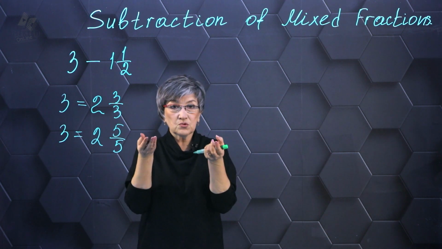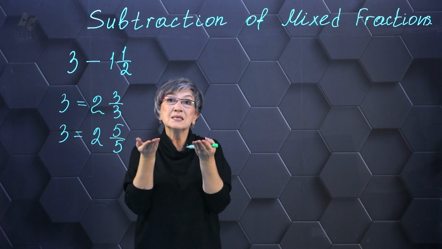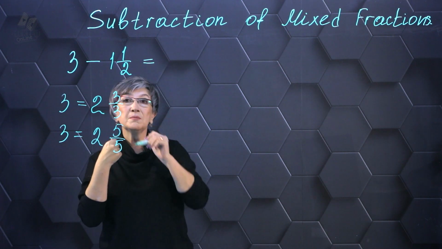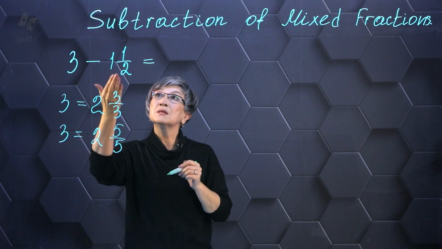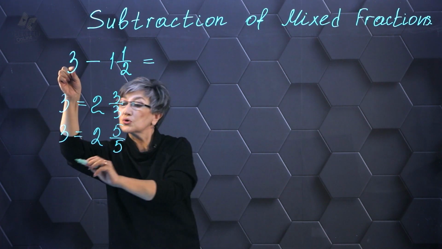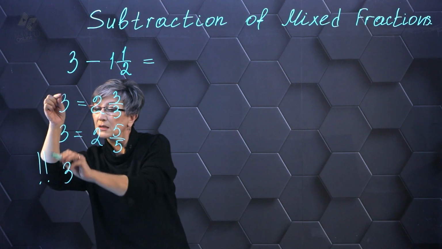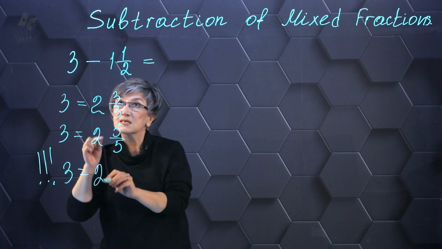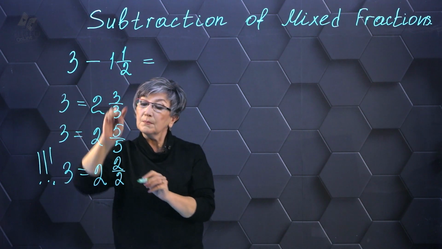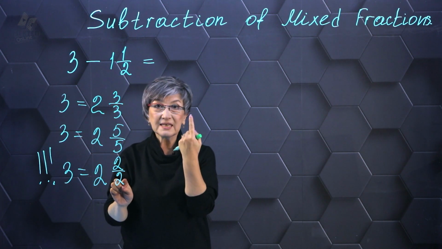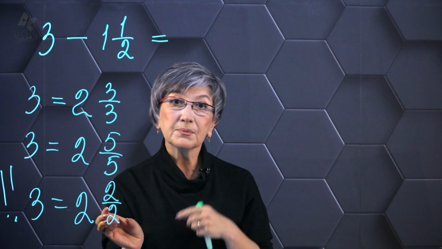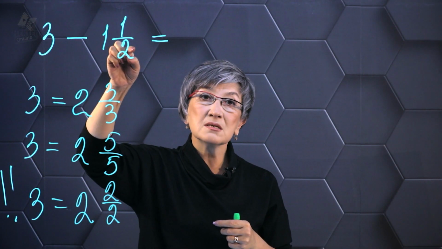To do this, I need the denominators to be the same. Then, going back to our example, I have a denominator of 2, so I'll write down 3 integers as 2 integers and 2/2, because 2/2 is 1. I chose the denominator 2. Why? Because I have a denominator of 2 here.